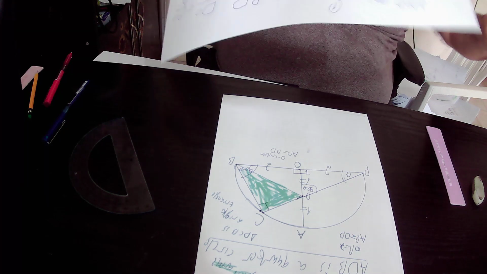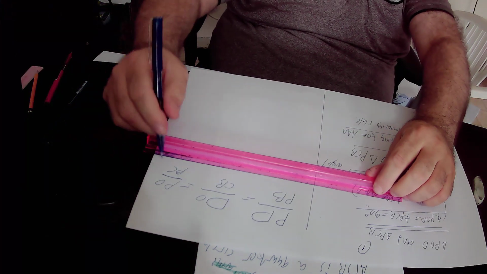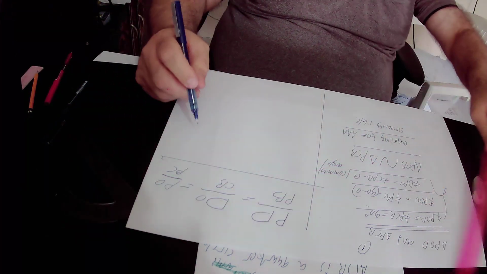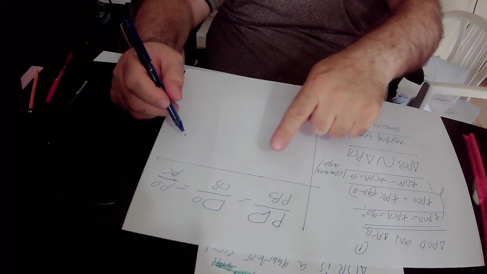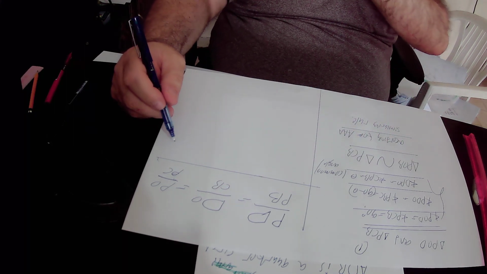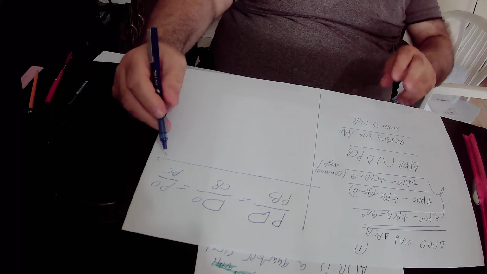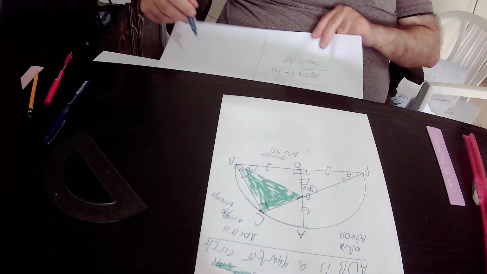I'll repeat again. Because of the fact that the two right triangles are similar to each other, we conclude that PD over PB equals DO over CB, and it also equals PO over PC. Here.